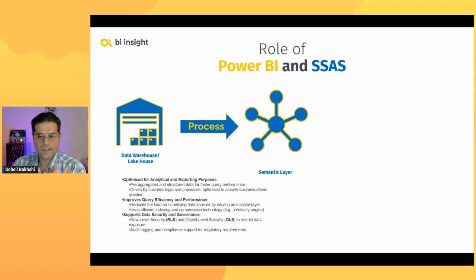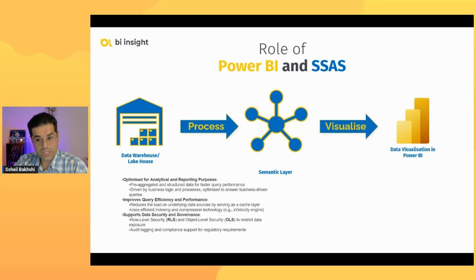It supports row level security and object level security, and it provides audit logging and compliance and support for regulatory requirements. What are other benefits of having a semantic layer?